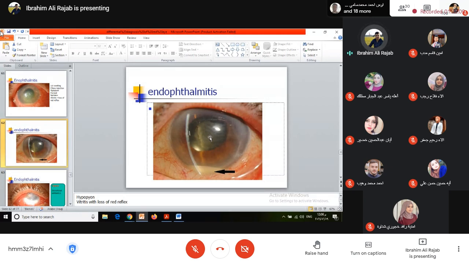The lens is removed, and this patient has post-operative endophthalmitis. وهذا اكو inflammation like vitreous opacity due to vitritis, and this is the cataract.